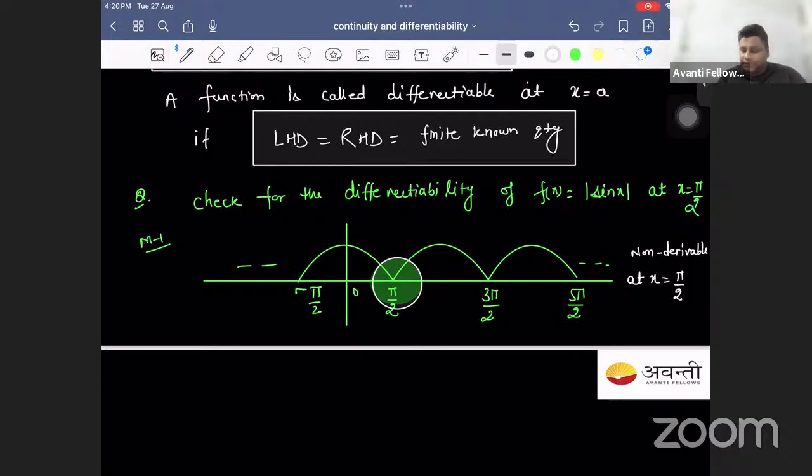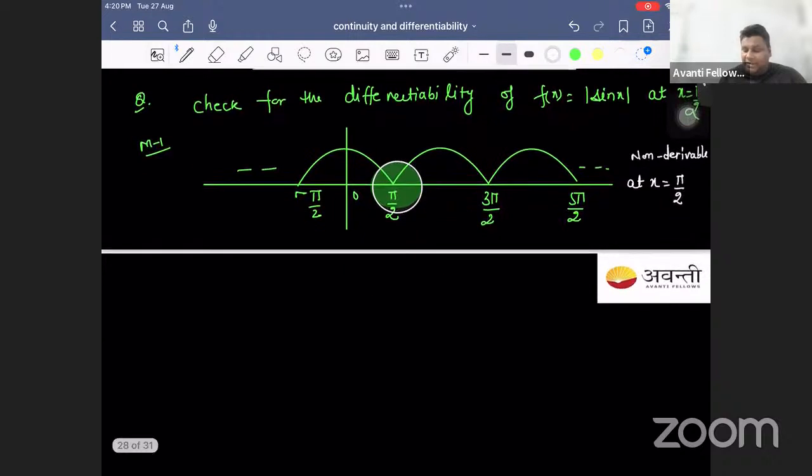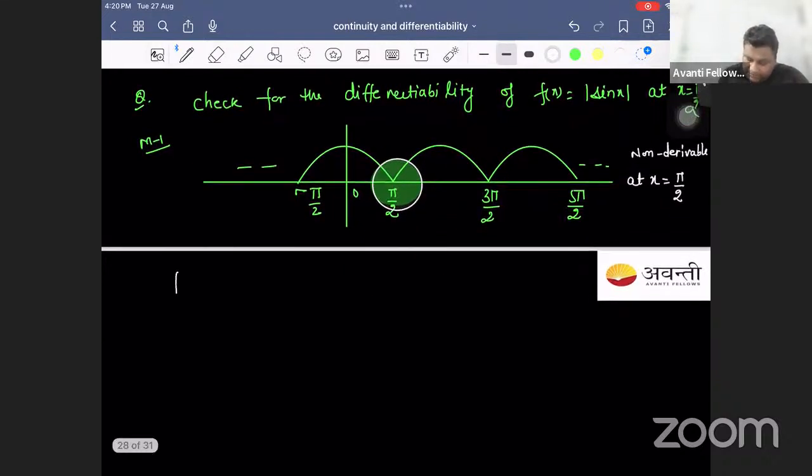Got it? Now, if I try to check it using the fundamental definition, f(x) is given to you as mod sin x. Oh no, I'm doing it for mod cos x.